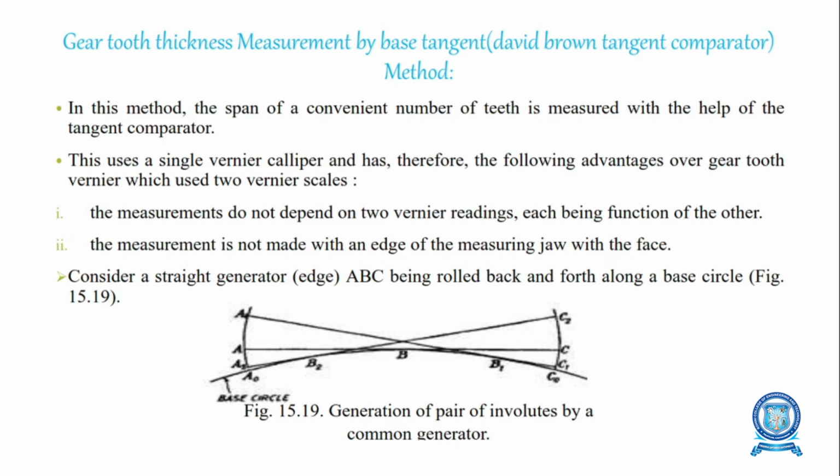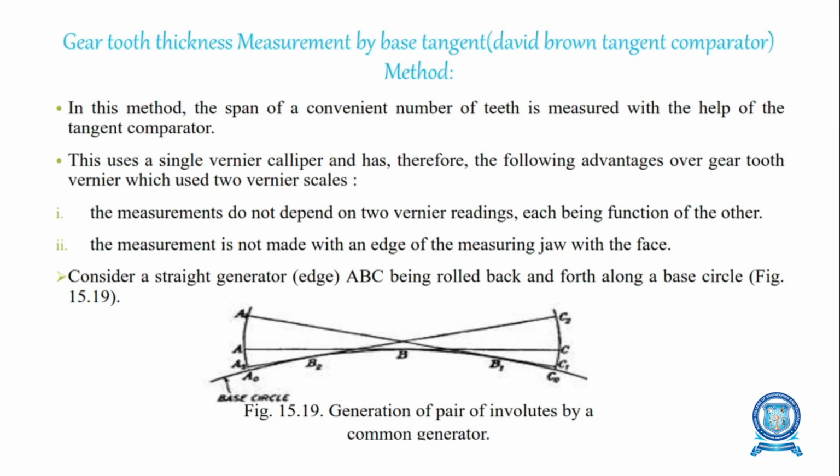So the next one is gear tooth thickness measurement by base tangent method and David Brown tangent comparator. It is the most commonly used method for checking the tooth thickness of gear.